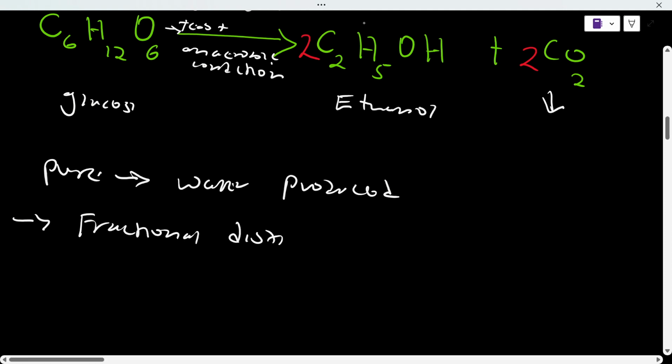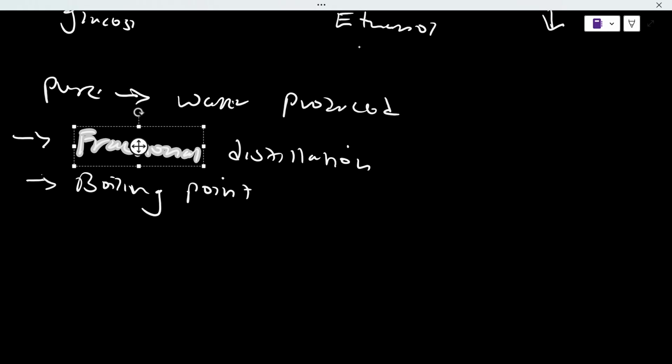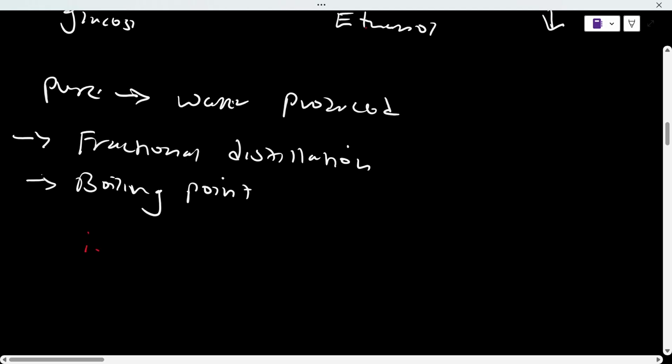Fractional distillation, a technique that separates substances based on their boiling point. Now here, you'll have to know that ethanol has a boiling point of 78.8 degrees Celsius.